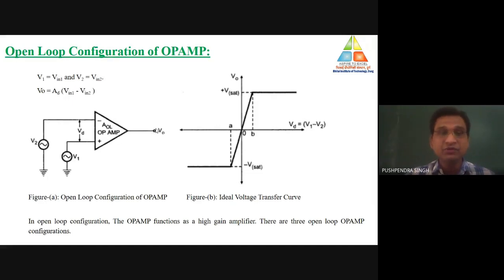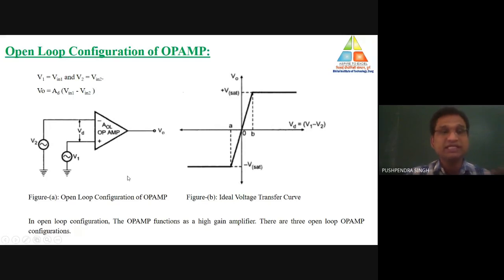But as we know, what is the maximum limit of the output which can be generated from the op-amp? That is the saturation limit. Suppose the supply voltage of this op-amp is plus minus 15 volt. Supply voltage means the signal connected at pin number 4 and pin number 7. The value of that voltage is plus minus 15 volt.